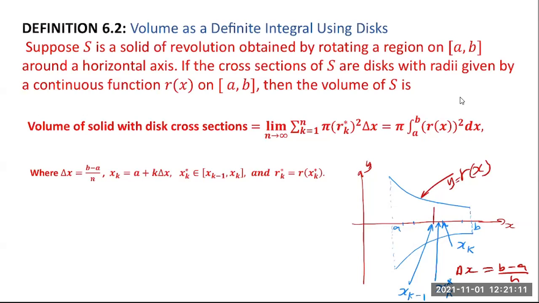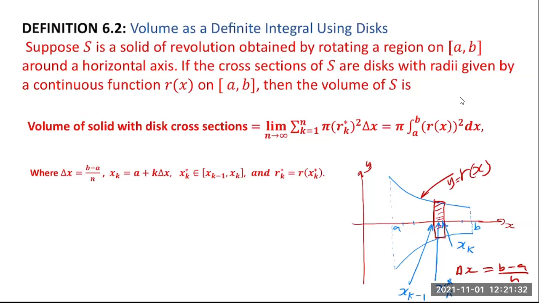Let me complete the disk. This is your disk. How do you find the volume of this disk? Well, I know the radius and I know the width of the disk.